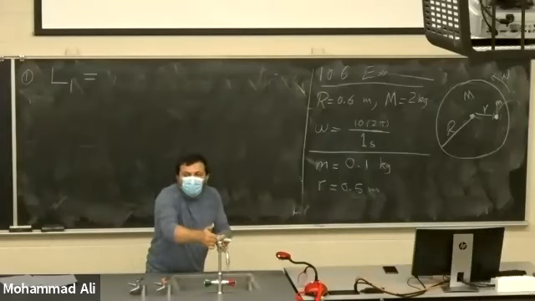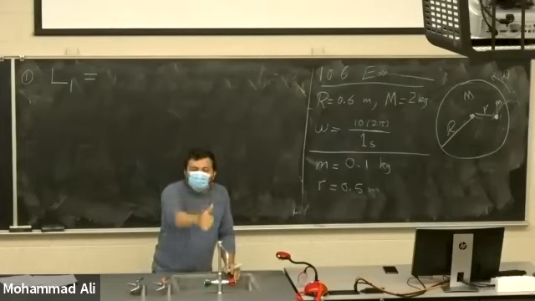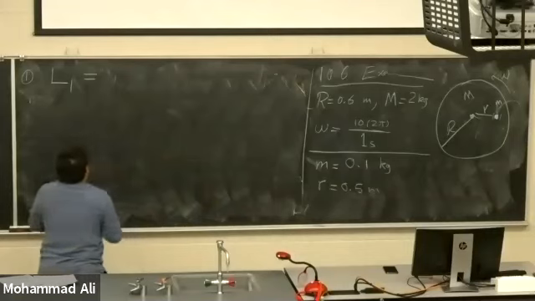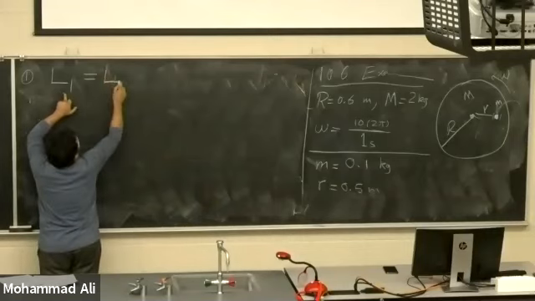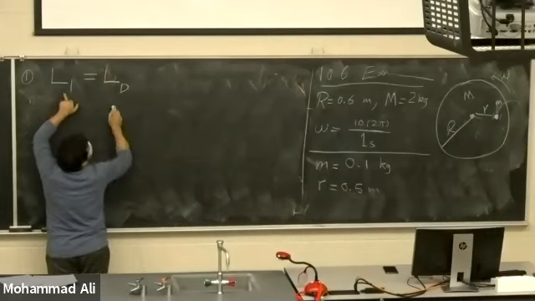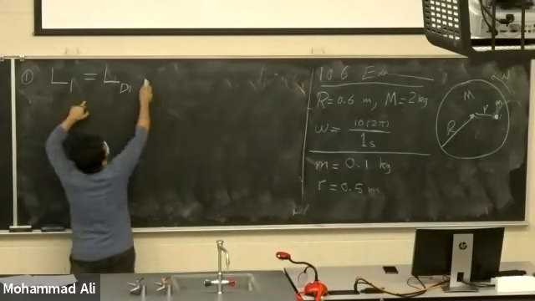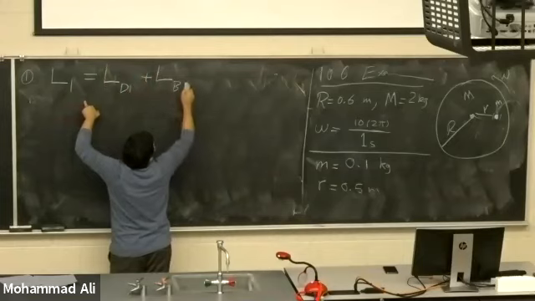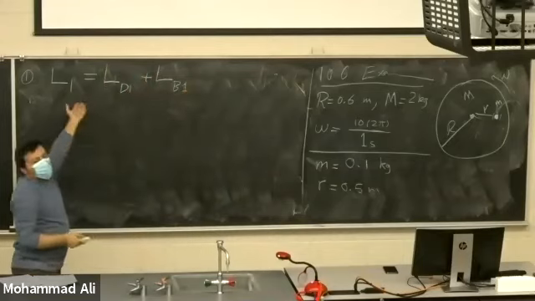The angular momentum in the z direction, the torque in the z direction, the omega in the z direction, all of them. It is equal to the angular momentum for the disk initially plus the angular momentum for the ball initially. I will compute them.